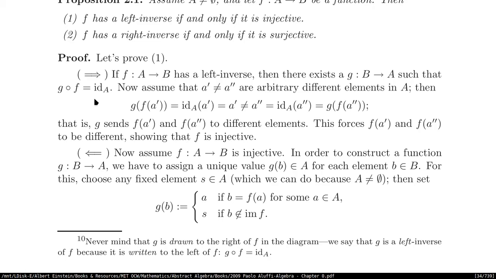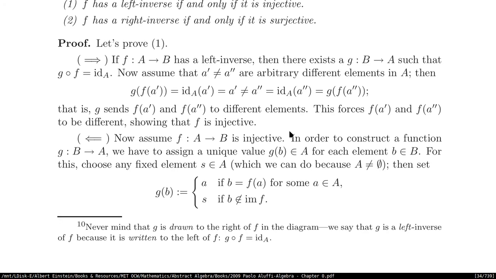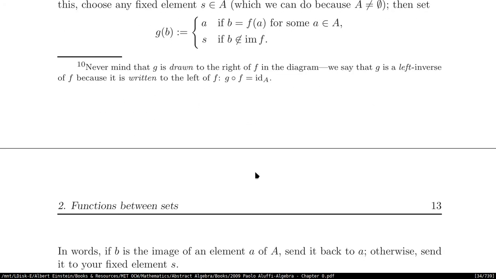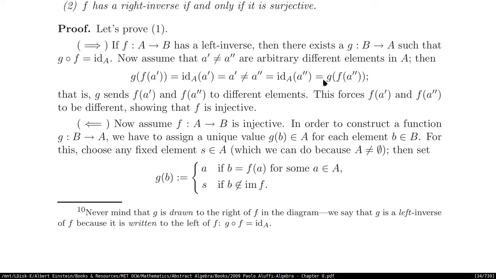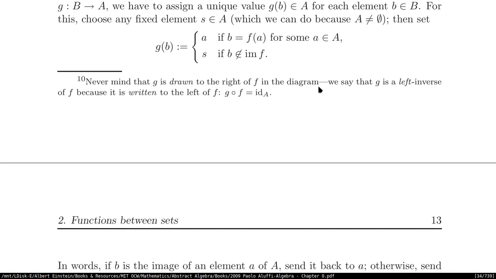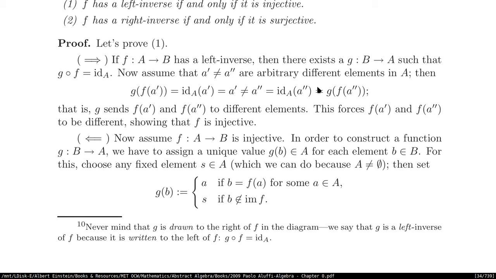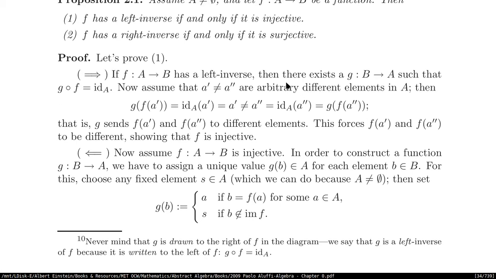And now the other direction: we assume that f is injective, and then we have to show that it has a left inverse. Now this is a bit lengthy, but let's see. So we have to first construct a function, and then show that when we compose it with f on the right side, on the left side, we get the identity.